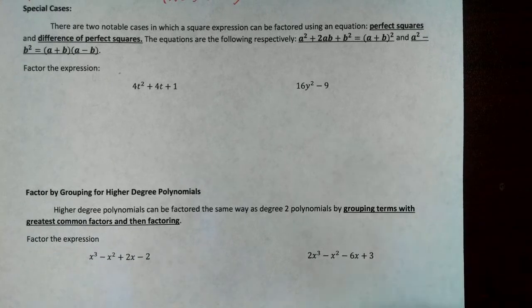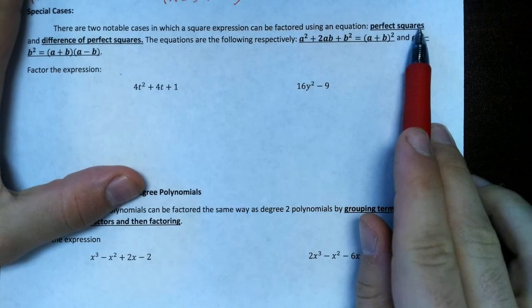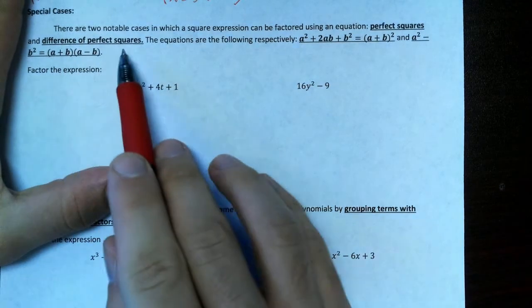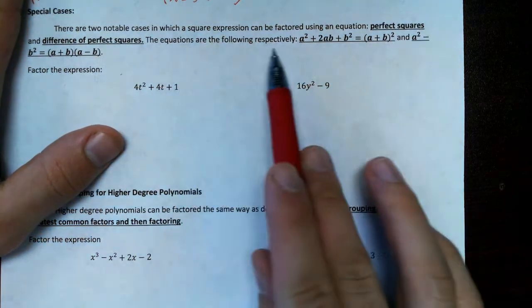Okay, so now we're going to have some special cases of this. Our special cases are going to be there are 2 square expressions that are special cases. One is perfect squares, and the other is a difference of perfect squares. Okay, and so let's go ahead and see what these look like. The equations look like this.